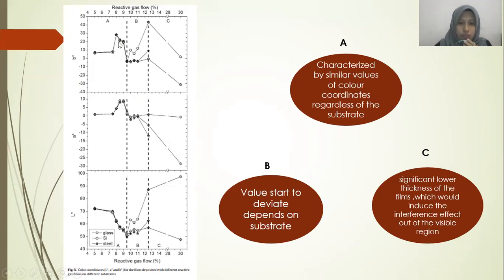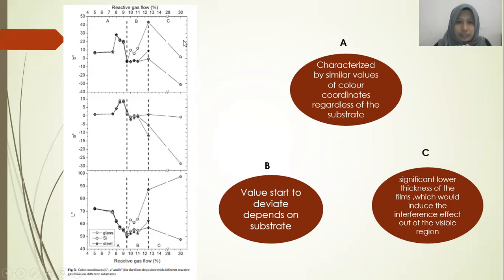So we could see that the points are not spread out in this region. In the second zone, the values start to deviate, depending on the substrates. So we could see in region B, the values already start to deviate.